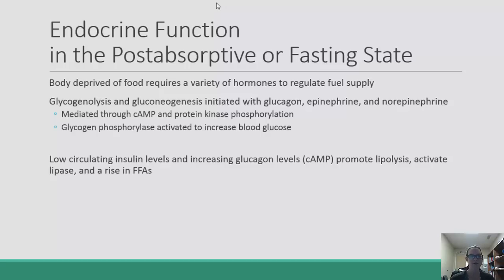This is mediated through our second messenger system, and it also activates glycogen phosphorylase in order to increase blood glucose. Basically, the net effect of decreasing insulin levels and increasing glucagon levels promotes lipolysis, activates lipase, and activates a rise in plasma free fatty acids.